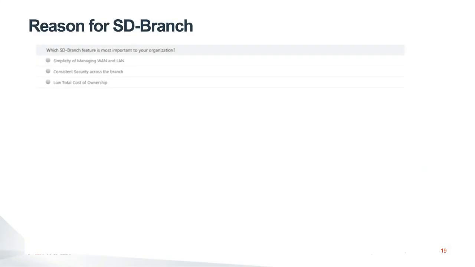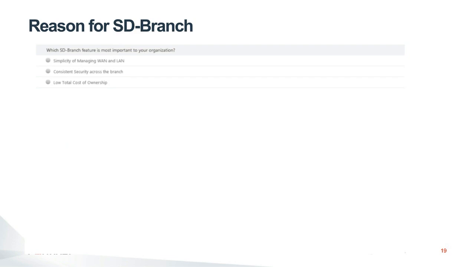All right. Thanks, VP. Before I start my demo, I just want to ask a couple of questions. What is the reason for SD branch? Anyone? I think these are the top 3 reasons for SD branch.